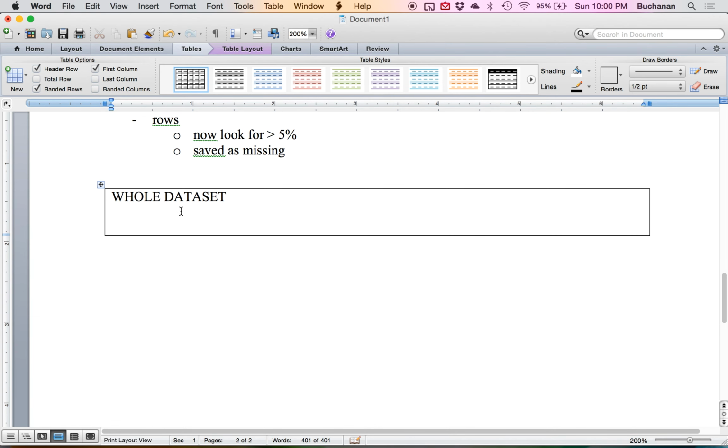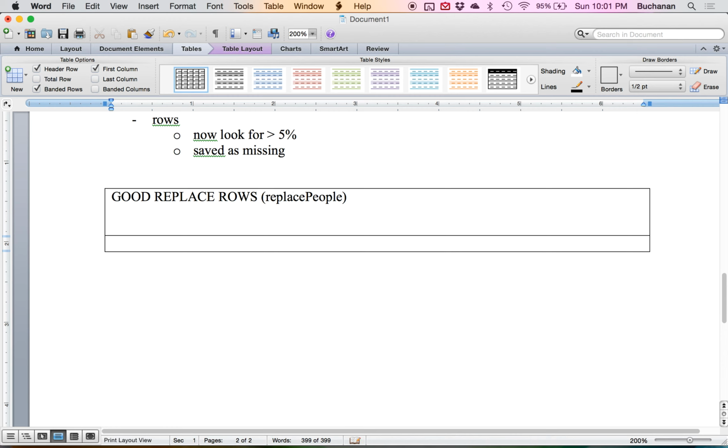So I'm going to cut out these bad rows. So I'm essentially saying, now this isn't the whole data set. This is the good replace rows. So these are the people I want to replace. So one of my students called this replace rows. That may be a little more logical.